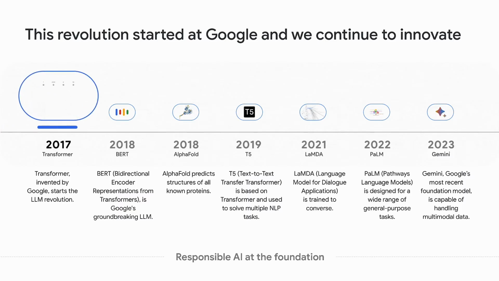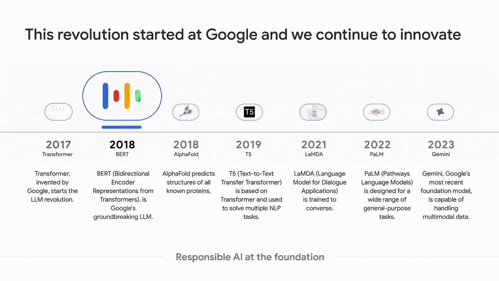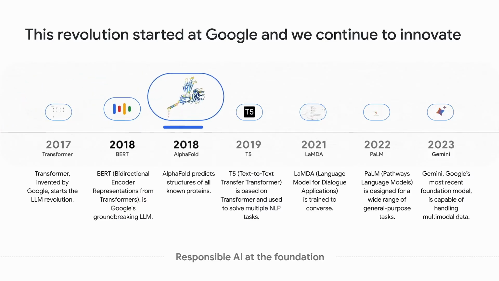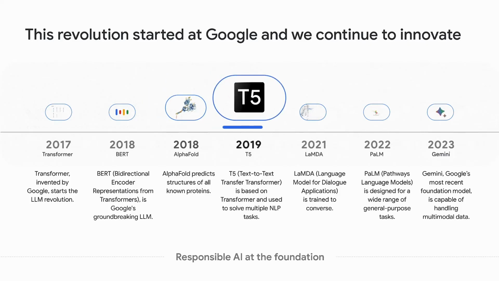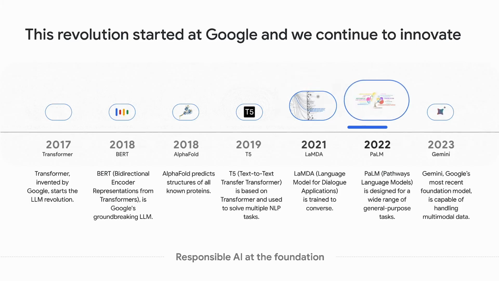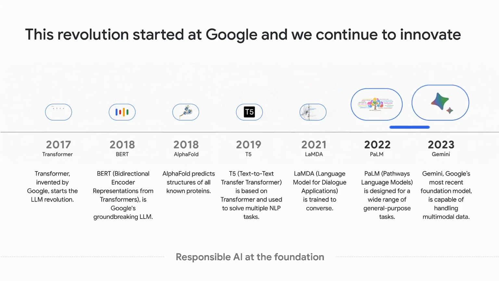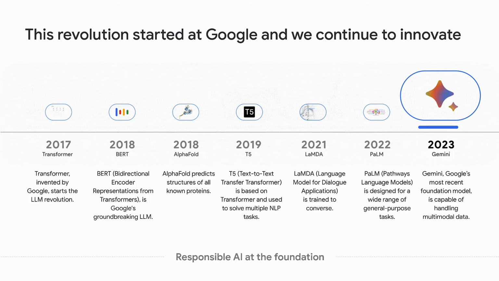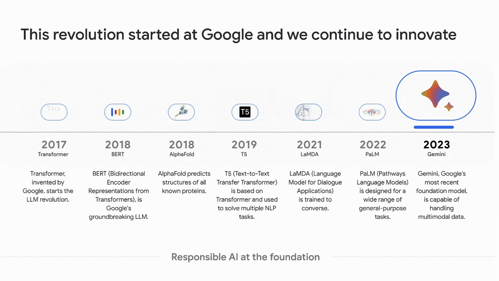Google has a long history innovating in the area of foundation models and Gen AI technologies. Starting from Transformer in 2017, which lays the foundation for all modern Gen AI applications seen today, to Gemini in 2023, which extends the word general in artificial general intelligence, or AGI, in the sense of handling multimodal processing.